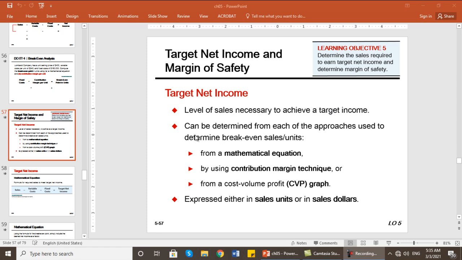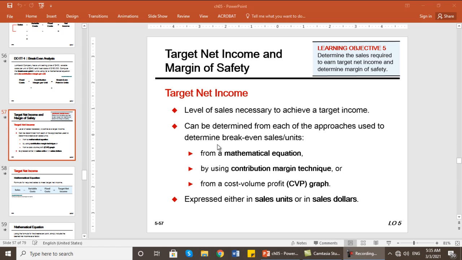It can be determined for each of the approaches used to determine break-even sales, whether sales units or sales dollars.